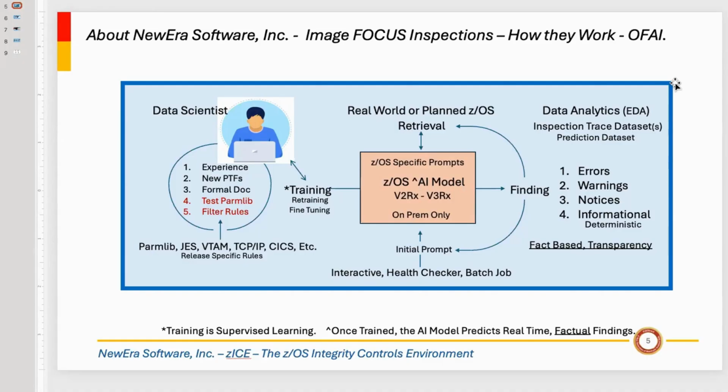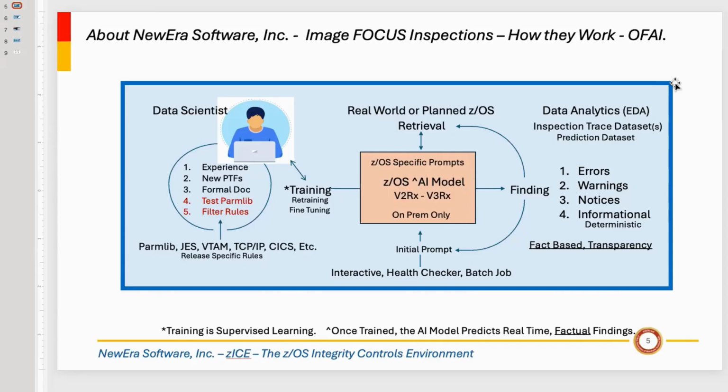Things like providing a test parm lib that says, don't test the running system, test this new system, this 3.2 system. Here's my changes, here's my work, here's my effort. Test this for me and let me know whether this will work in my environment. Or providing you with filter rules that allow you to change the outcome in a way that best fits the needs of your organization in understanding, again, the veracity of your z/OS environment.